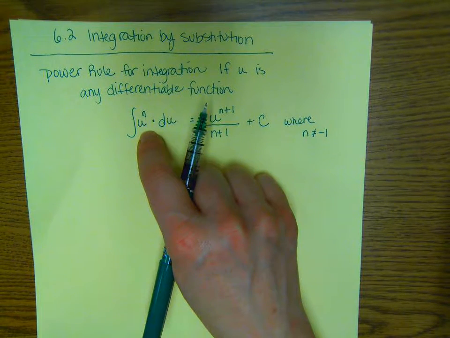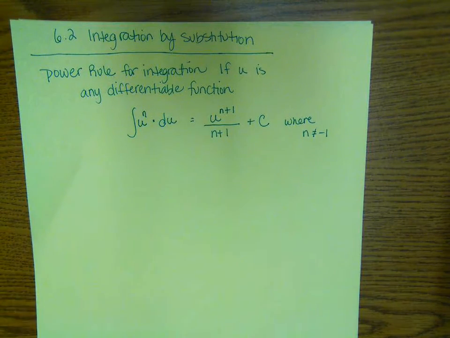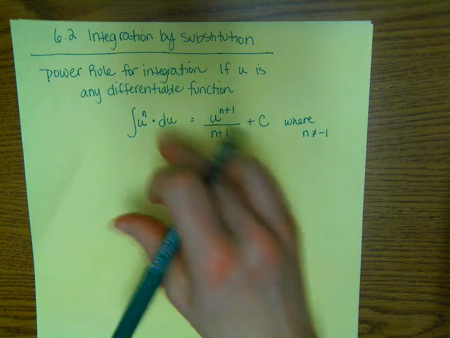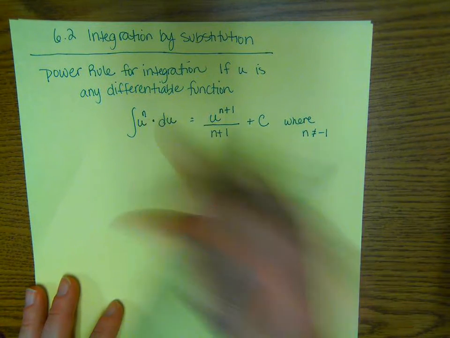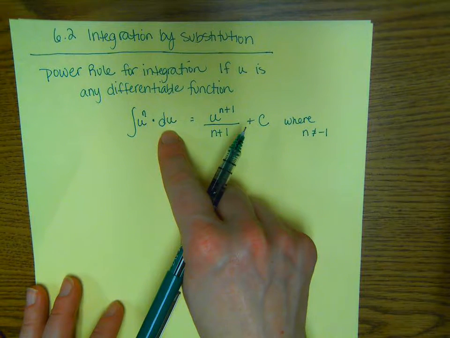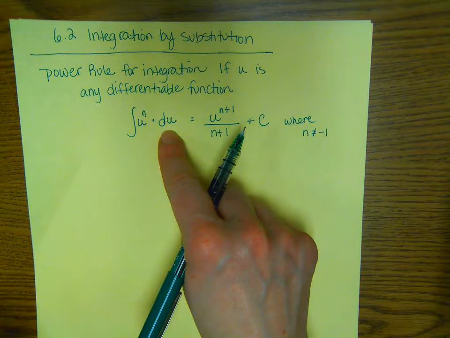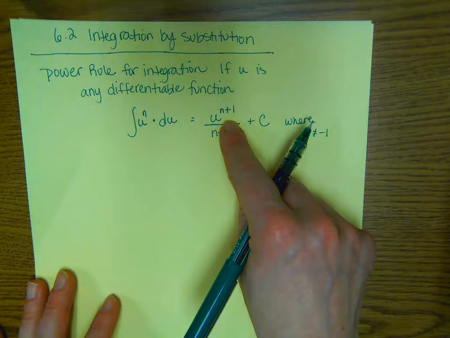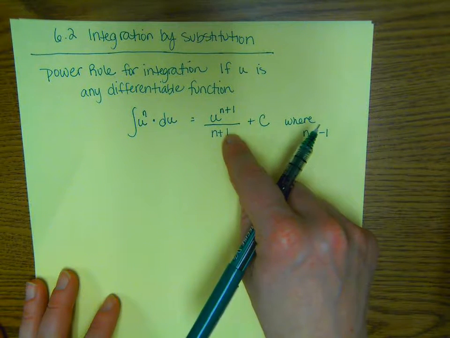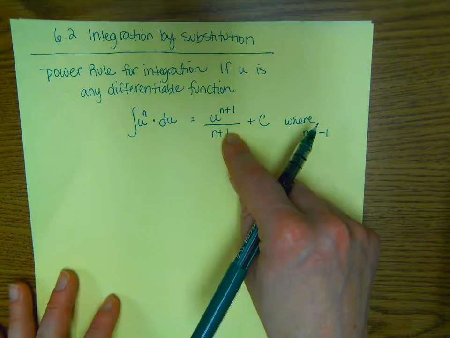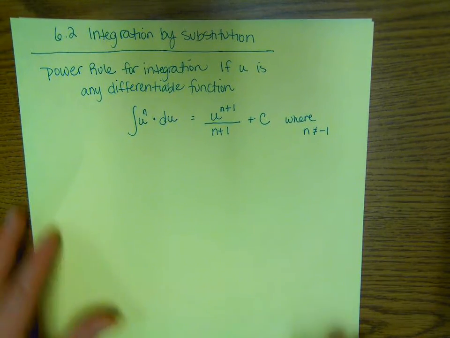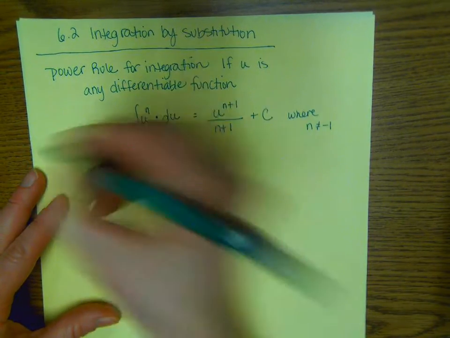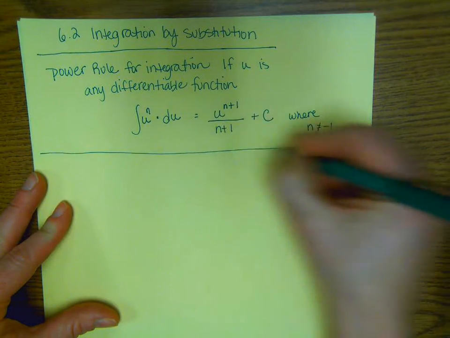So if we have an expression raised to the fifth power, as long as we see the du in there, as long as we see the derivative of the function in there, we can go backwards in the same way we did with just x. So we could make it u to the 6th divided by 6, right? Plus c, right? Plus c. Okay. So let's talk about what u substitution is, or how it works.